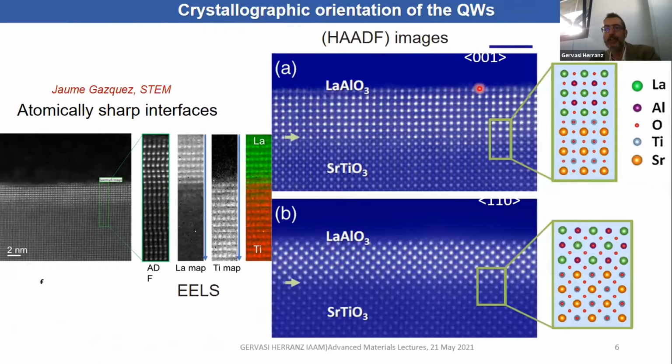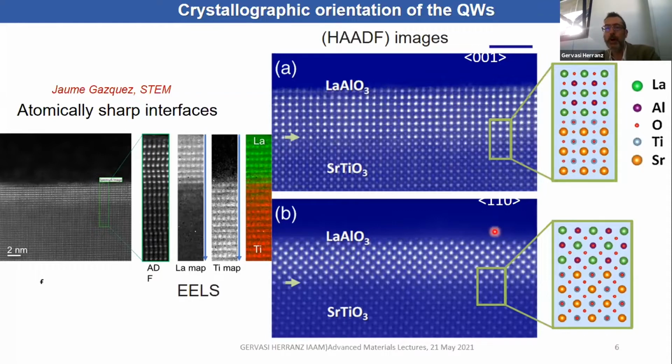For instance, this corresponds to a 001 orientation, meaning that the pseudo-cubic cell has the vertical axis along the normal to the surface. And we see clearly by the stacking of the atomic positions the positions of LaO ions and SrO ions here.